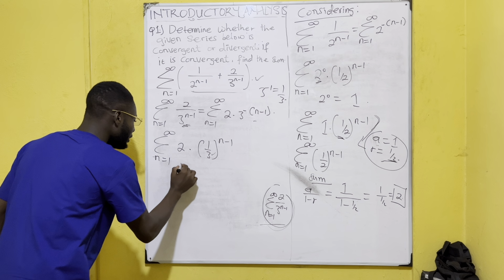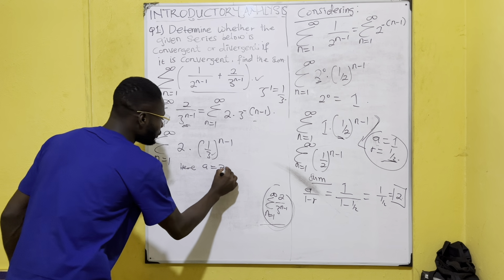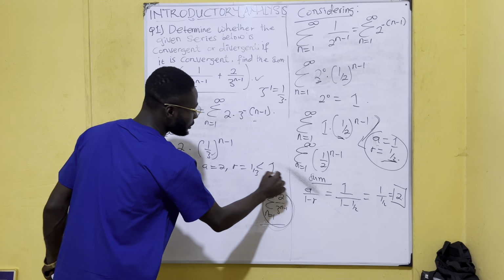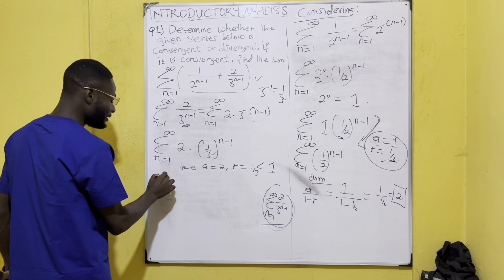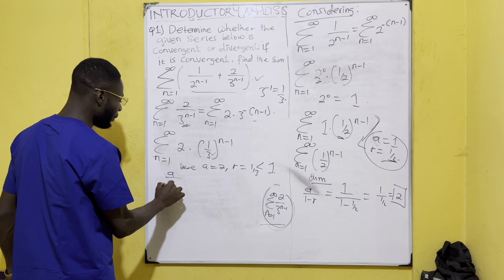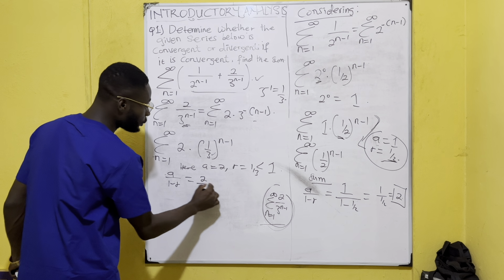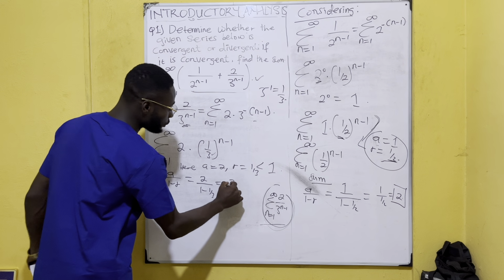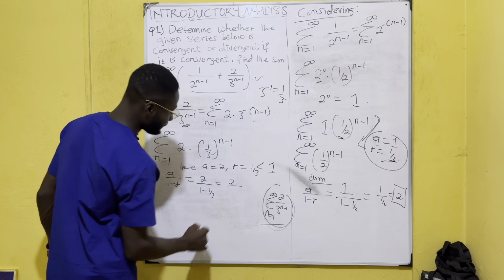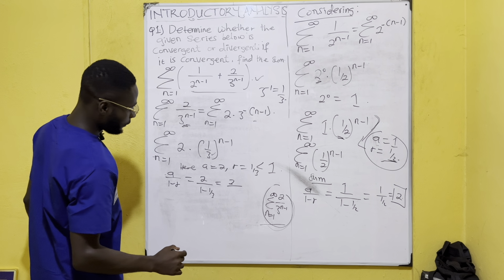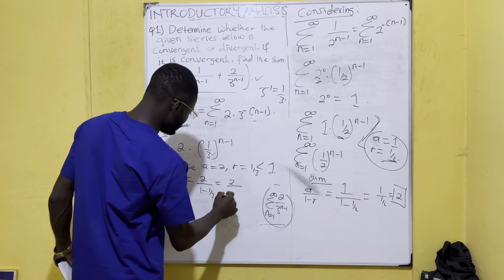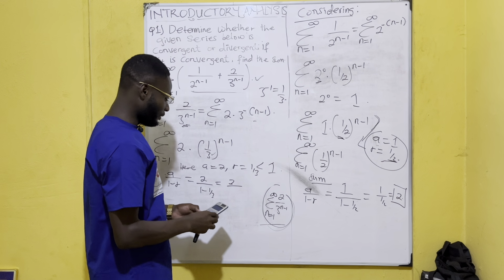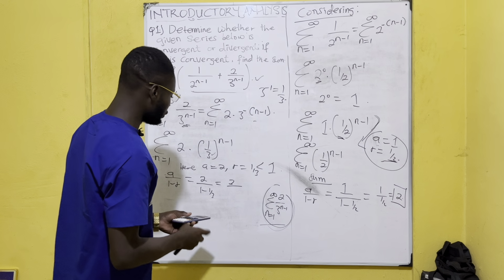So here A is equal to 2, R is equal to what? 1 over 3, which is less than 1. So we say that the geometric sum A over 1 minus R is equal to 2 over 1 minus 1 over 3, and that is equal to 2 over 2 over 3.